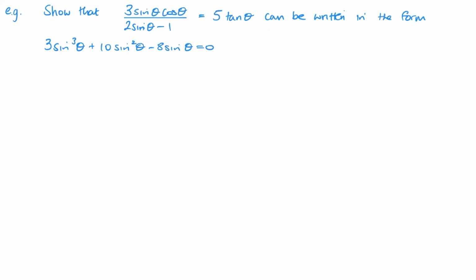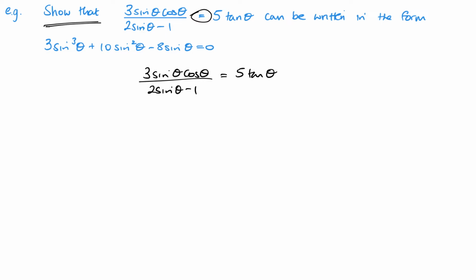Now, very similar one to our prove, and we've got to show that. Okay, it's very similar to our prove, but this time you'll see we've got an equal sign. So this time we are dealing with the whole thing. So 3 sine theta cos theta over 2 sine theta minus 1 equals 5 tan theta.